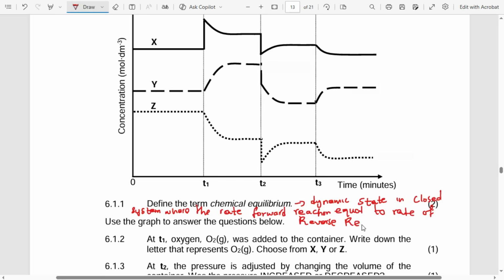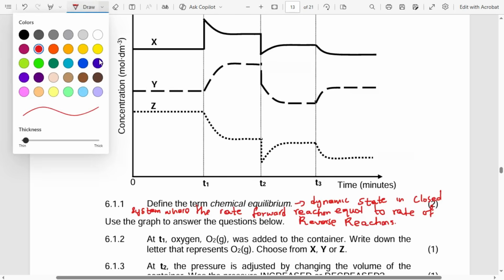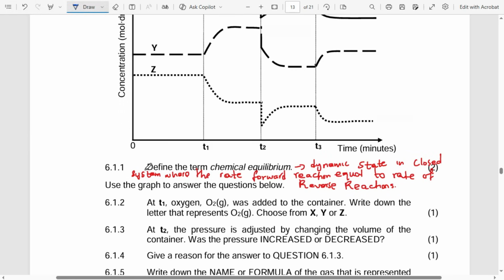The reason I'm writing this down, guys, is because maybe someone is writing tomorrow and they're watching the lesson today, then they won't forget this definition when they sit down at an exam paper tomorrow.